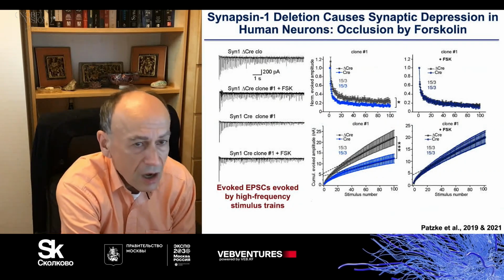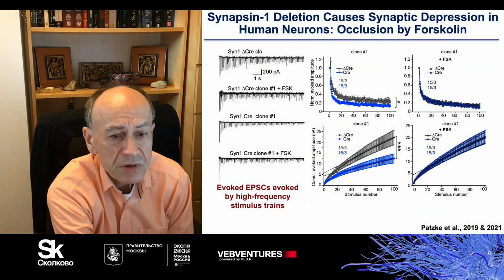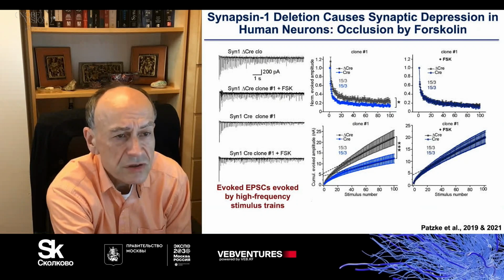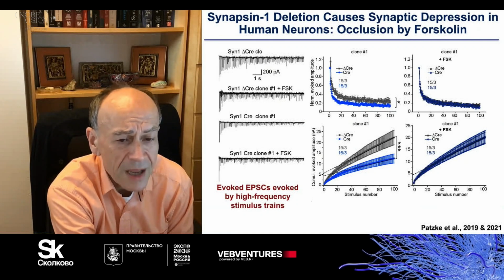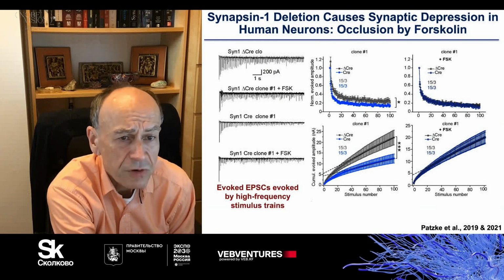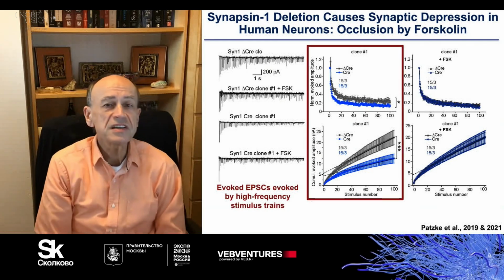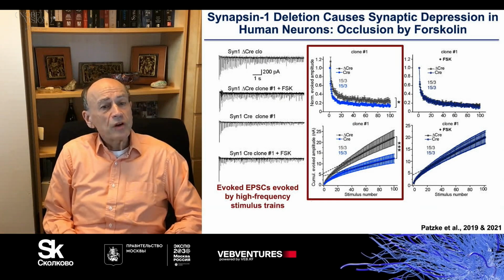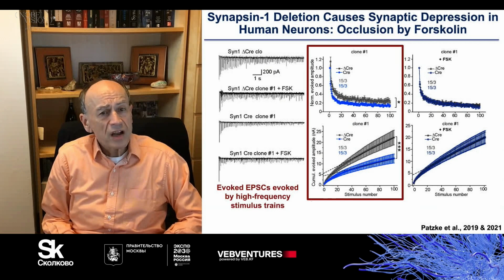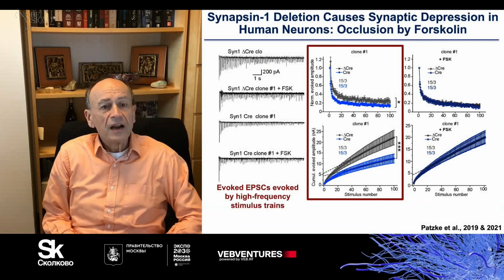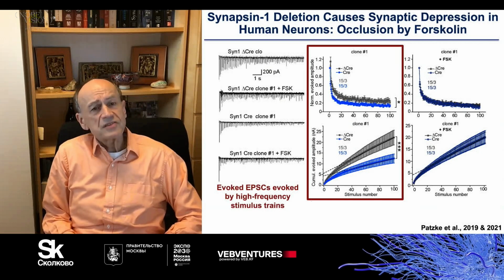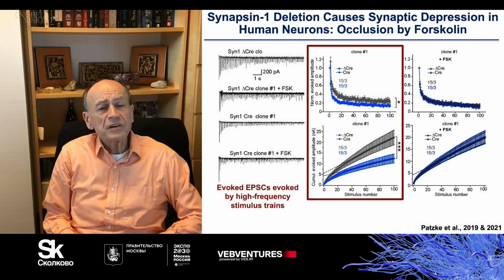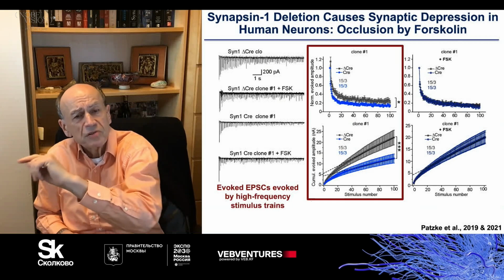What you see here on the left are sample traces in which we depict synaptic responses in these human neurons with or without synapsin 1, with or without forskolin. And what you can see here on the right is in a typical example that when we just delete synapsin 1 without forskolin, the blue trace demonstrates that there's a decrease in the amount of neurotransmitter release during this stimulus train.